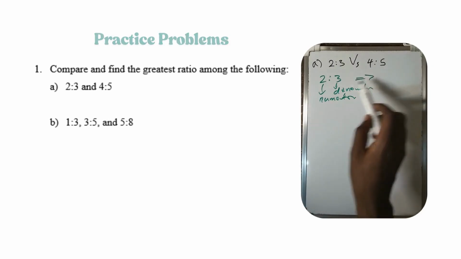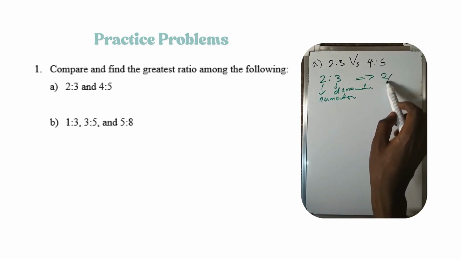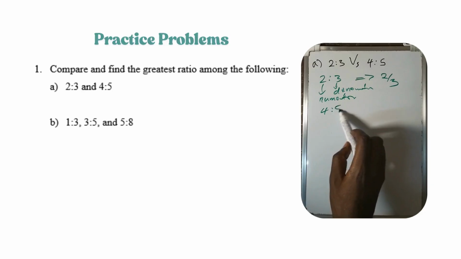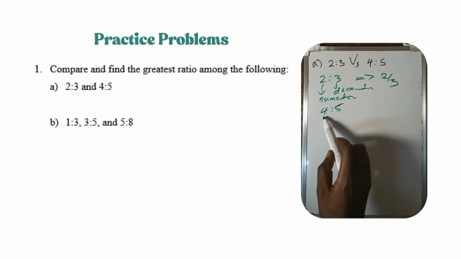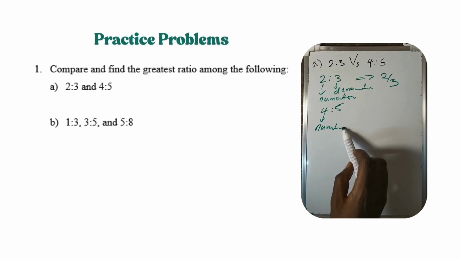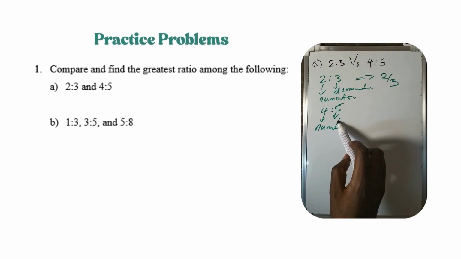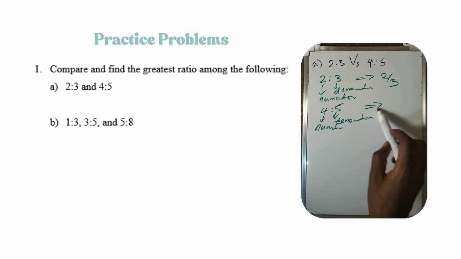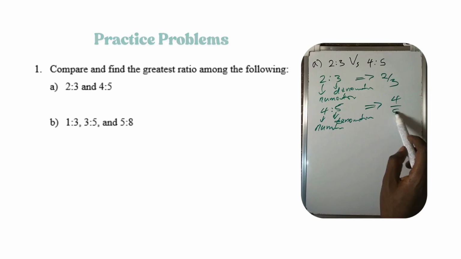So 2 to 3 will be 2 over 3, and then for 4 to 5, the first becomes the numerator and the second the denominator. So we have 4 over 5. So we can compare 2 thirds and 4 over 5.